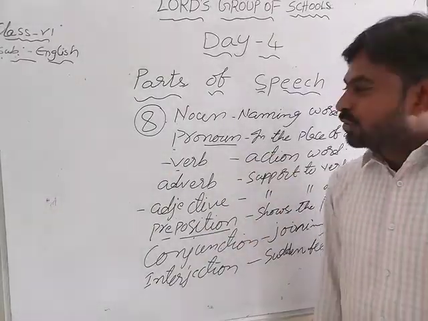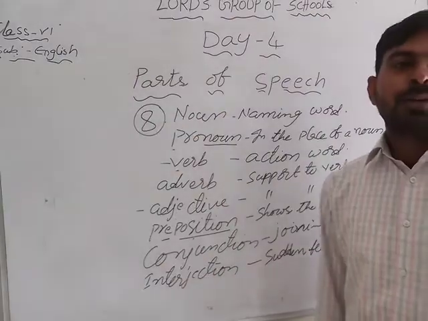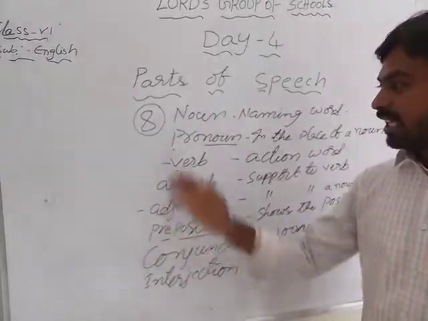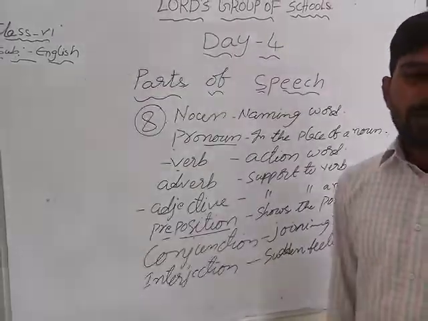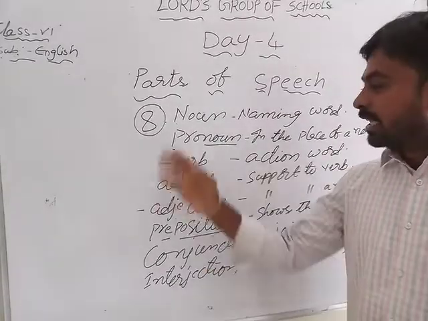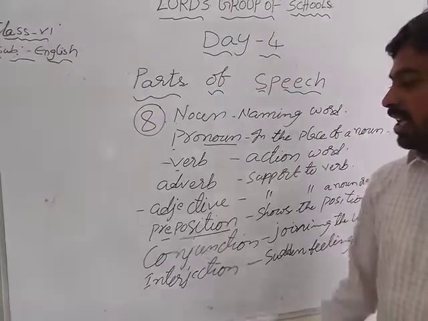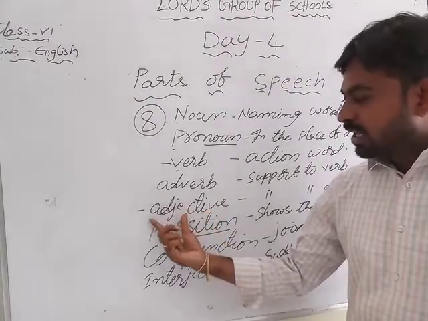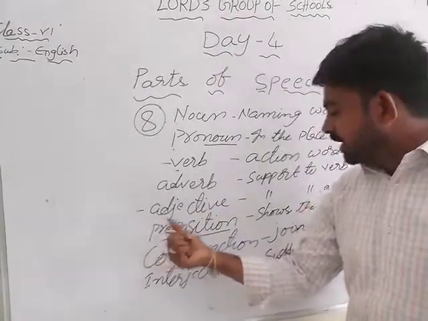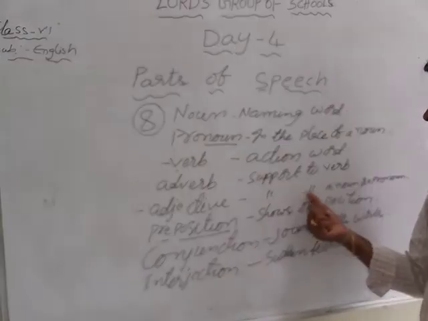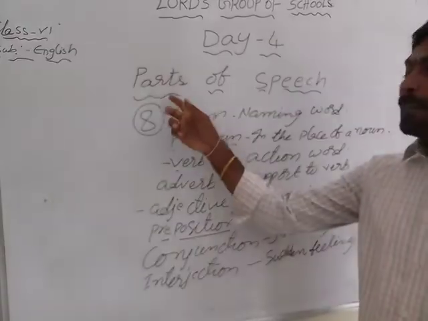Clear, children? You can get this about the parts of speech from your books, and any queries you can ask me in our next session. So the next topic is adjective. What is meant by adjective? An adjective is nothing but a word that supports a noun or a pronoun.